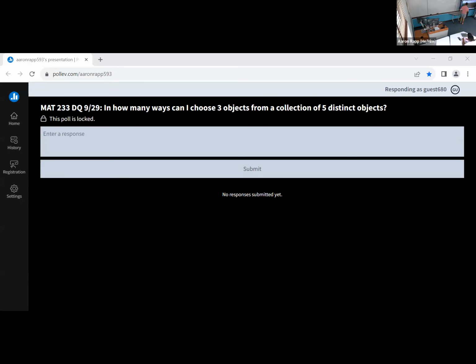So if my objects were A, B, C, D, and E that I was choosing, I'm thinking of the easiest thing for me, maybe just because I'm a mathematician, I deal with steps all the time. I'm thinking about 3-element subsets, which are the ways I can choose 3 elements. So I know the set A, B, C is the same thing as C, B, A. It's part of the reason why I can't just apply the multiplication principle here.